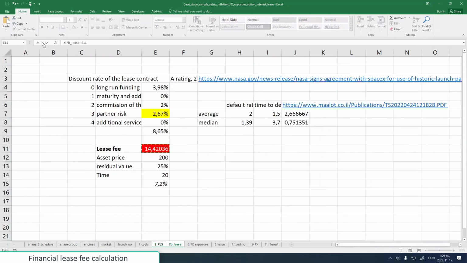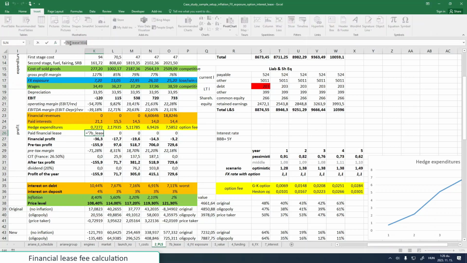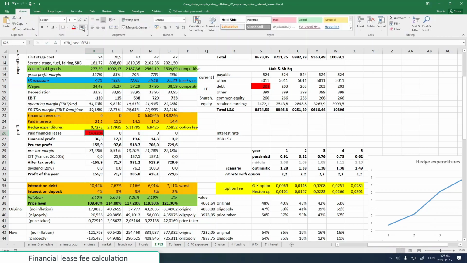We should just add this one, and we should fix it because this is happening for each year. And then we should also add the interest, but now we don't have to pay interest anymore, so this one will be zeroed.